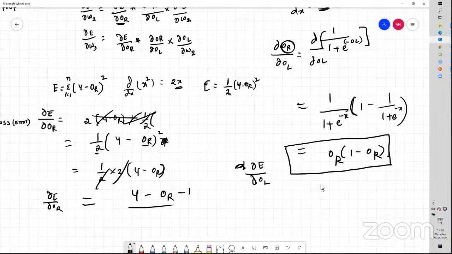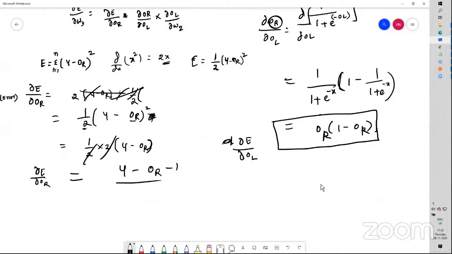And the third derivative is dou OL by dou W1. So what is OL? OL is W1 into X1. I am not writing the other ones because when we are deriving this for W1, the other ones are constant and the derivative of a constant is 0.